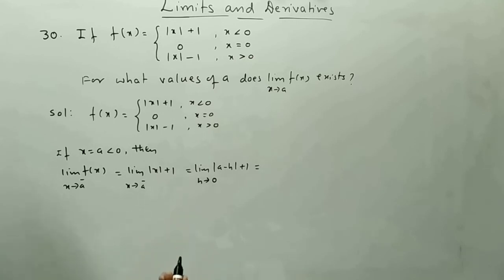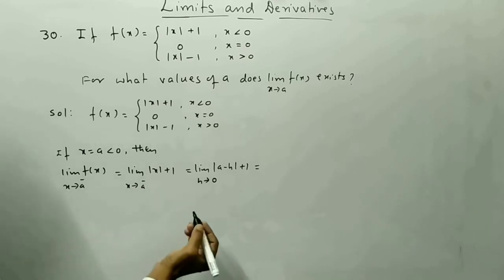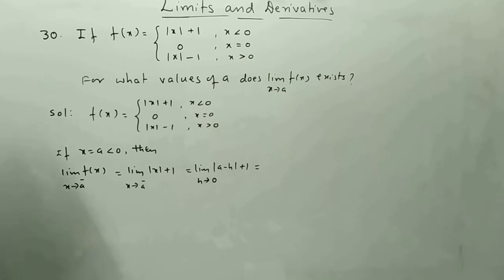When you take the values of a which are left of minus 1 and h is a small positive number, a negative number minus a small positive number means the outcome will be negative only.